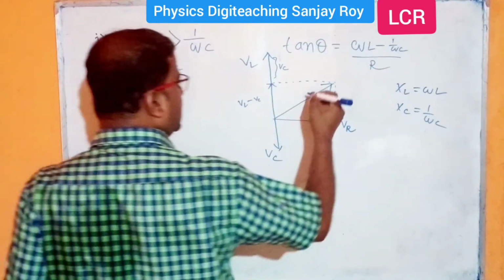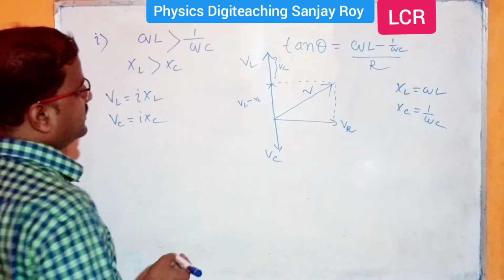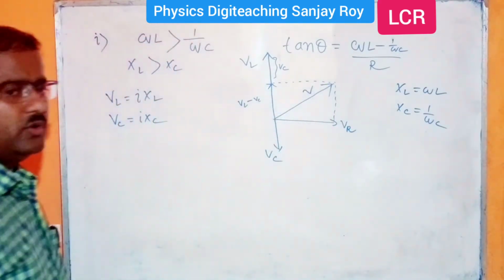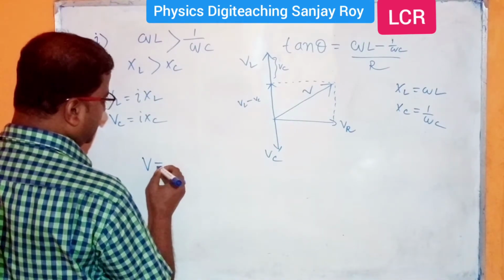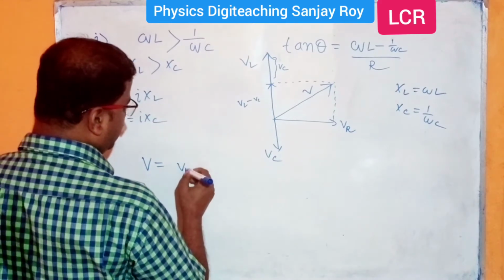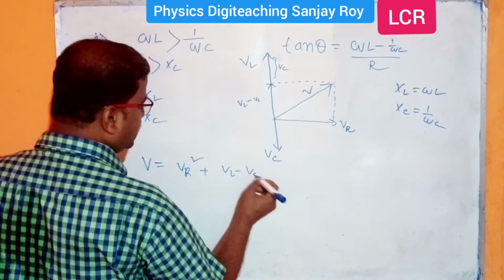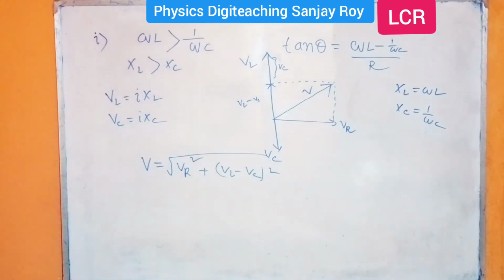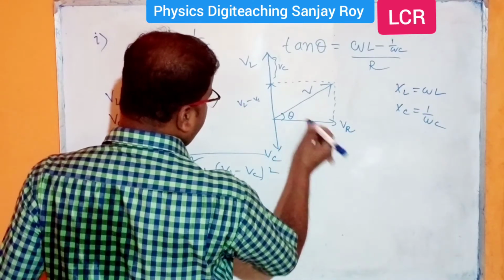And this is the voltage of the LCR circuit, the total voltage, and this is written as V equal to under root VR square plus VL minus VC whole square, and the angle is theta.